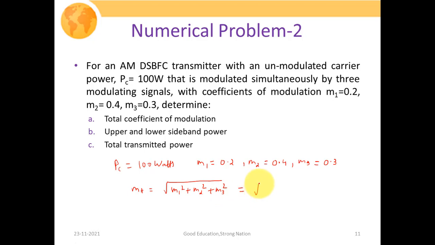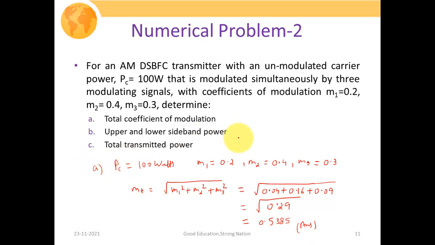On putting the values, we have 0.2 square, that is 0.04, plus 0.4 square, that is 0.16, plus 0.3 square, that is 0.09. On adding all those, we are left with 0.29. On calculating the square root, we get 0.5385. You can verify that calculation. So this is the answer for the first part.